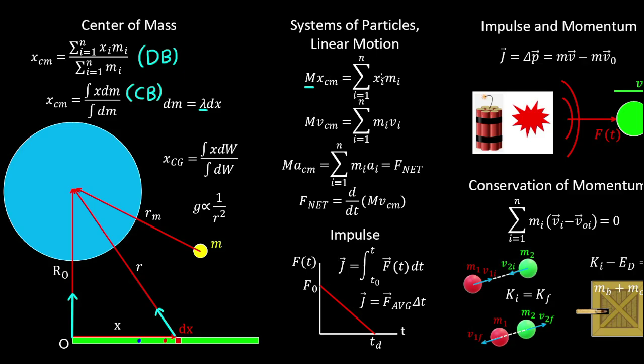And if we differentiate this equation, we get the mass by the velocity of the center of mass is equal to the sum of the momenta of the individual particles, and differentiating again, we get the mass by the acceleration of the center of mass is equal to the sum of the mass by the acceleration of each particle, and that's equal to the net external force acting on this system of particles.